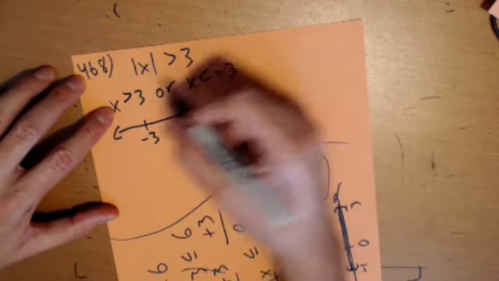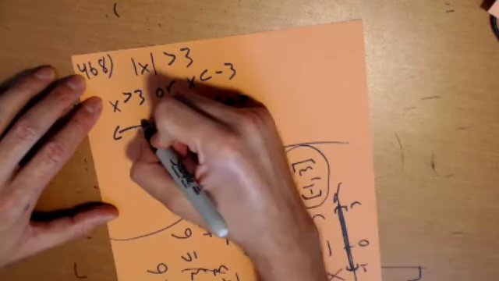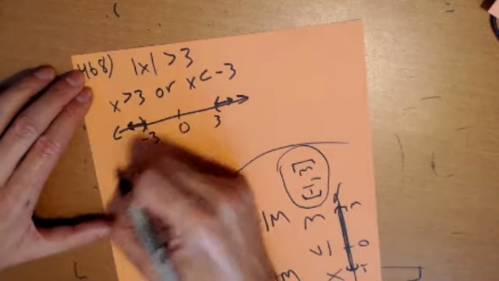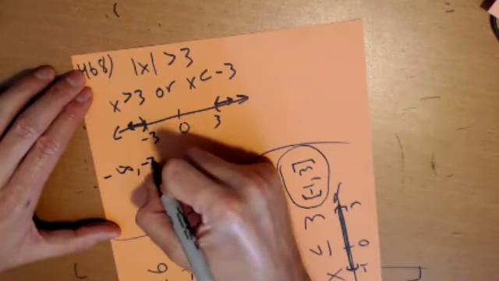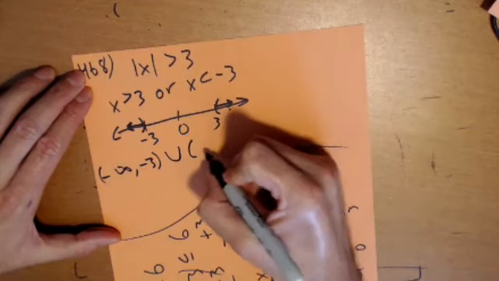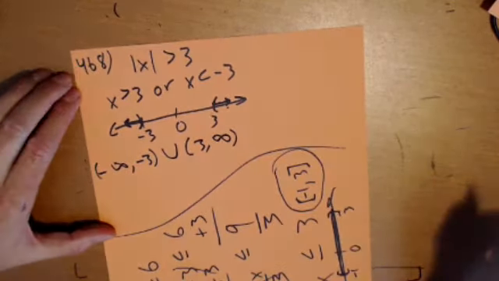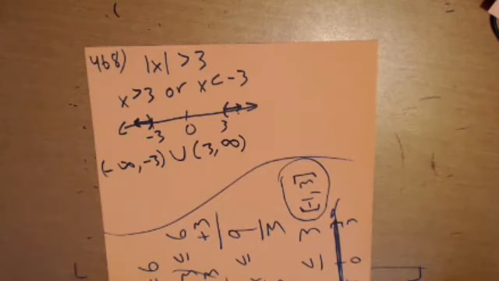X value is greater than 3, parenthesis, pointing that way. X value is less than negative 3, parenthesis, pointing that way. Okay, so from negative infinity all the way to negative 3, non-inclusive, non-inclusive, union, this area, parenthesis, 3 to infinity. Oh my, oh my. Ponder that, rewind, watch again. Let's make sense of that.